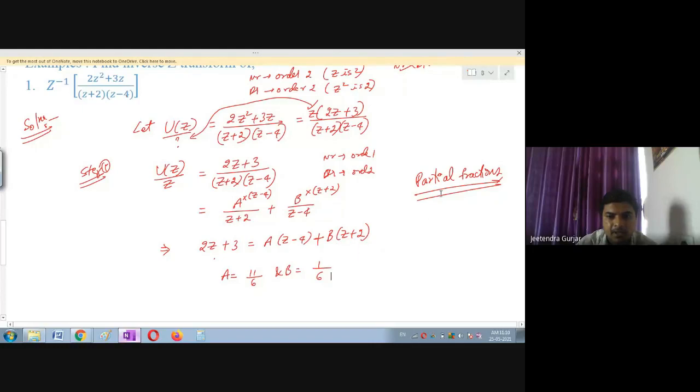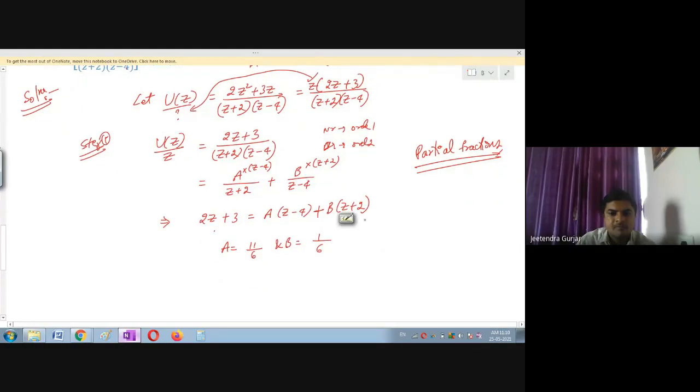Please check partial fraction, you should know. So I will just give one hint here. To find A, what do I have to put? I want to find this term, which means the other term must be 0. So take z equal to minus 2. Then substitute wherever z is there, minus 2.